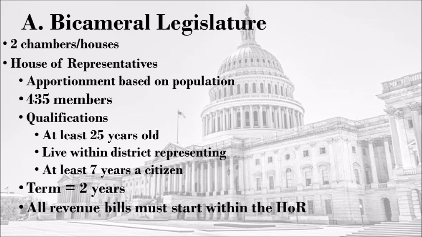The actual enumeration shall be made within 3 years after the first meeting of Congress of the United States, and within every subsequent term of 10 years, in such a manner as they shall by law direct. Therein lies the primary mandate of the United States Census, apportionment to the House of Representatives.